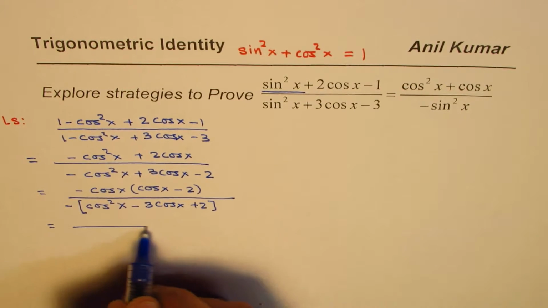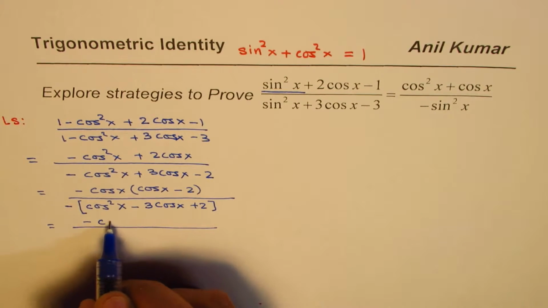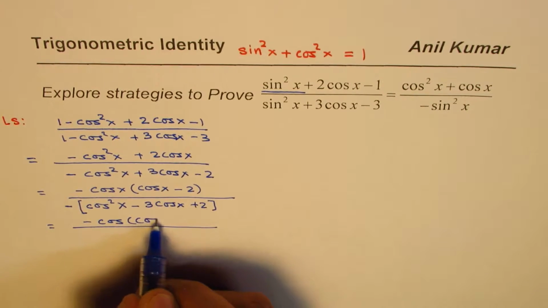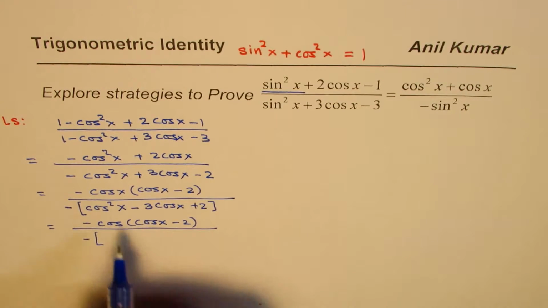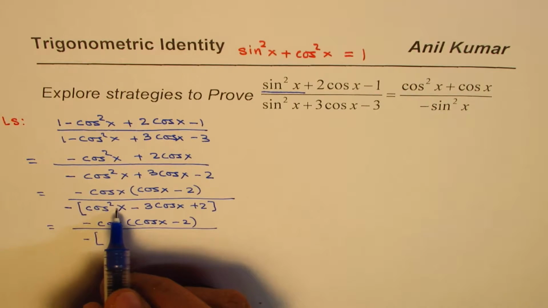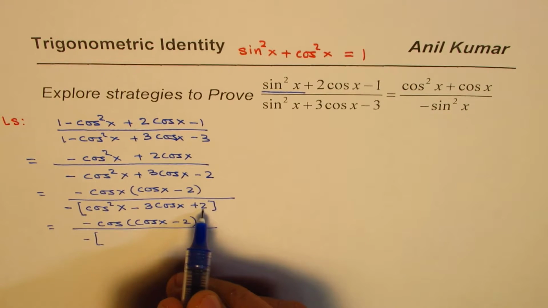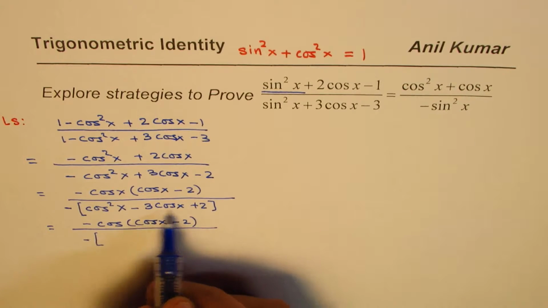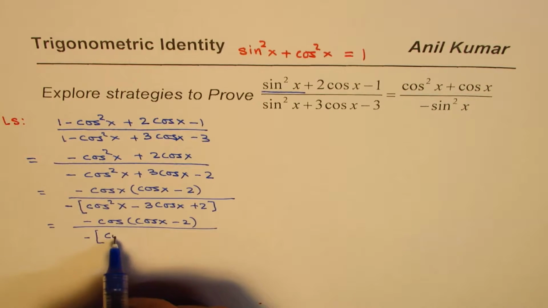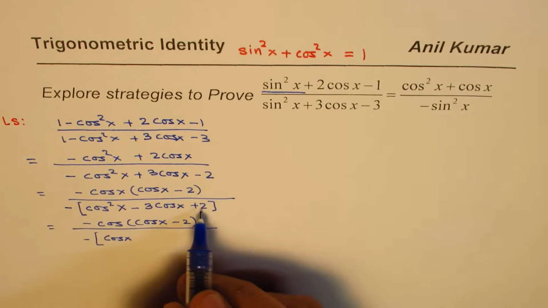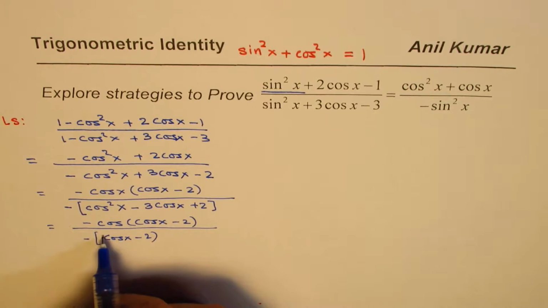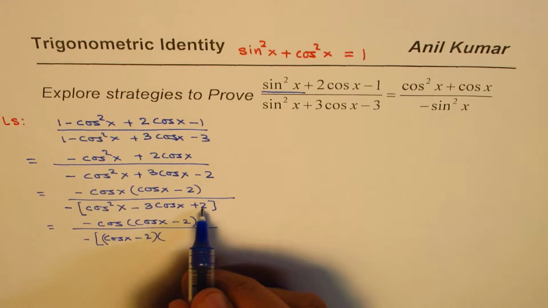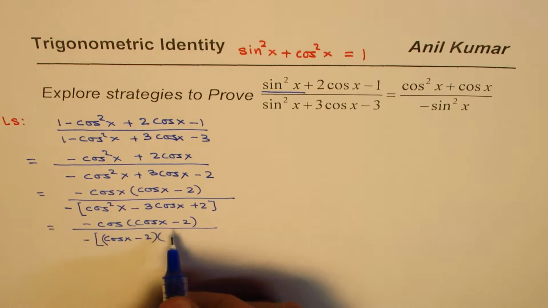Now let's rewrite. The numerator is minus cos x times (cos x minus 2). The denominator is minus (we could have cancelled it anyway) cos²x minus 3 cos x plus 2. We are looking for a product of 2 and a sum of minus 3. So we could write this as (cos x − 2)(cos x − 1), since negative 2 times negative 1 gives plus 2 as product, and minus 3 as sum.